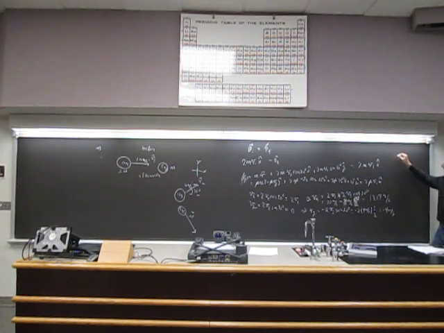And so if I wanted to write the v vector, it would be 13.07 meters per second x hat minus 4 meters per second y hat. Okay. And there are many ways you could have done that. This is just one way. But that's a conservation of momentum on that one.